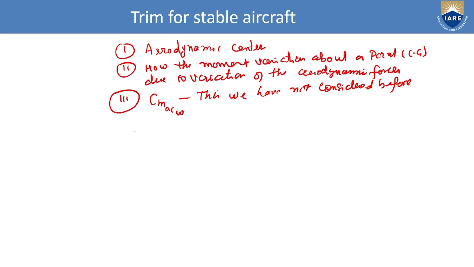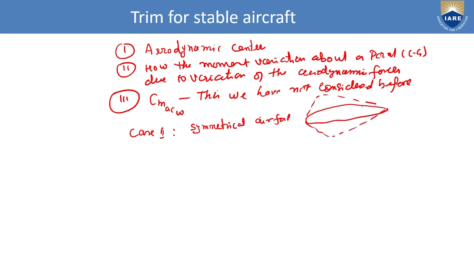First I will take case 1, the symmetrical airfoil. In this symmetrical airfoil, if we see the variation of the pressure distribution, it will go like this, and at 0 it will go like this.